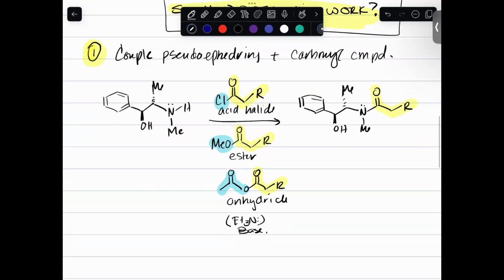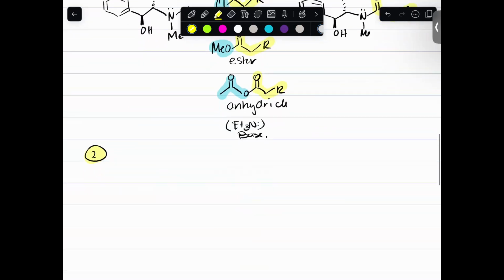Step 2 is forming the enolate, just like with Evans oxazolidinones. Now things slowly start to change in this case, and I'll tell you why in a second. It'll become a little bit more obvious. I'll take the molecule I just made. So this is forming your enolate.